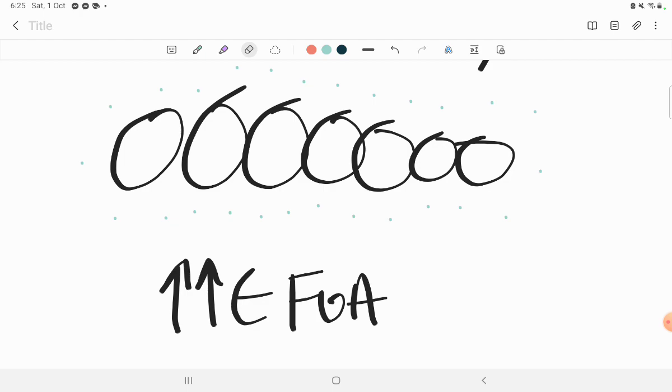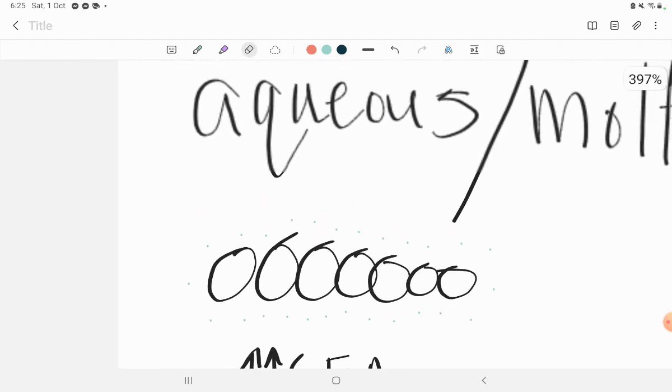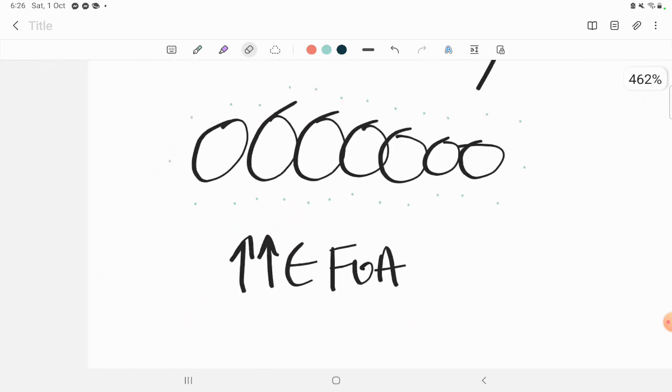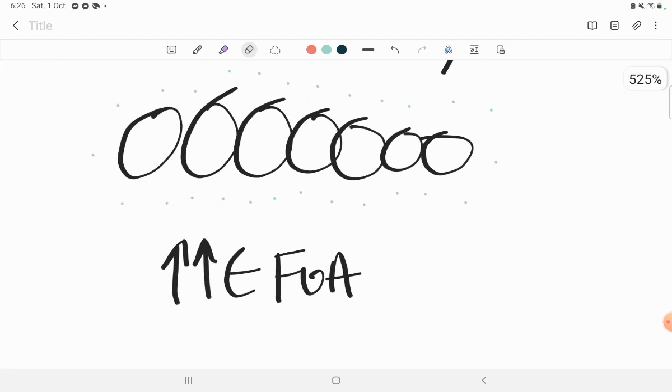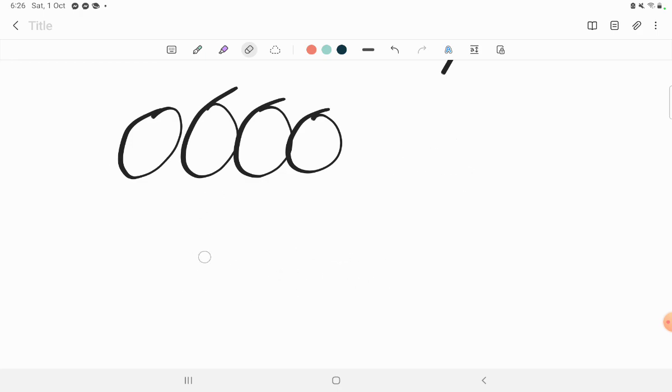Okay. Let's now move on to aqueous and molten states. When they are in aqueous and molten states, basically either they are dissolved or they are melted. Let's draw the arrangement.